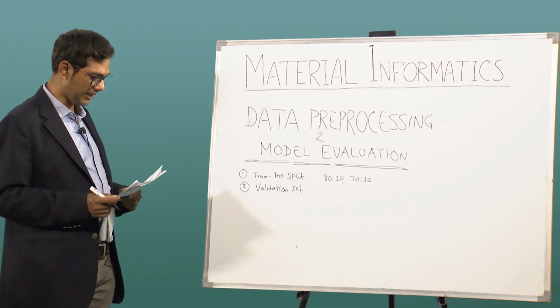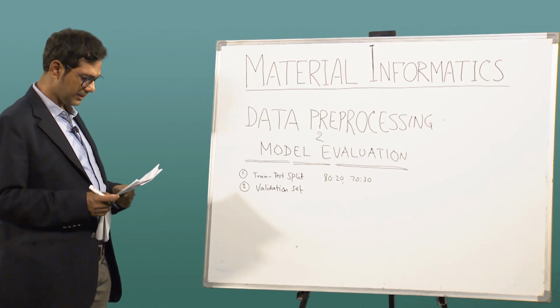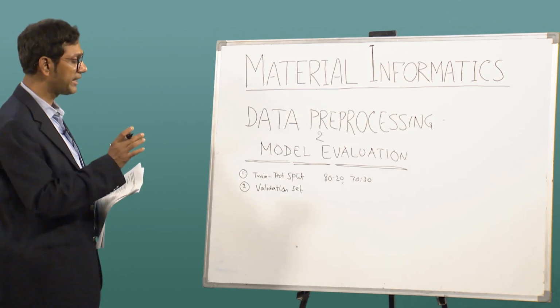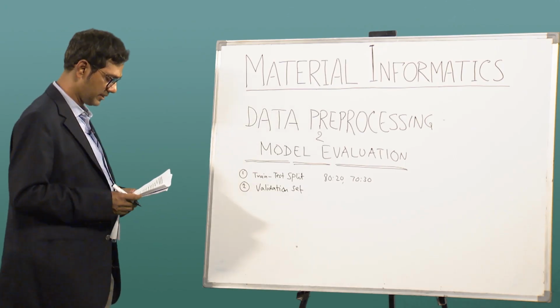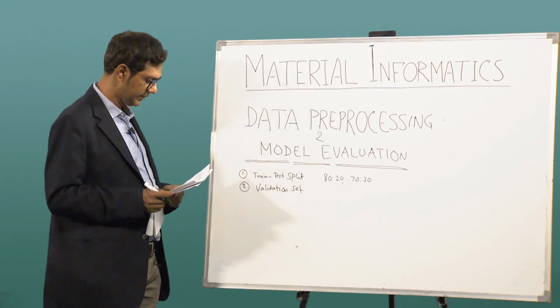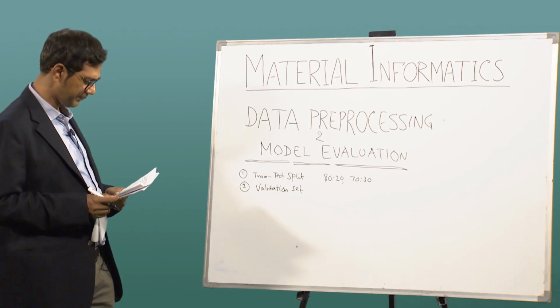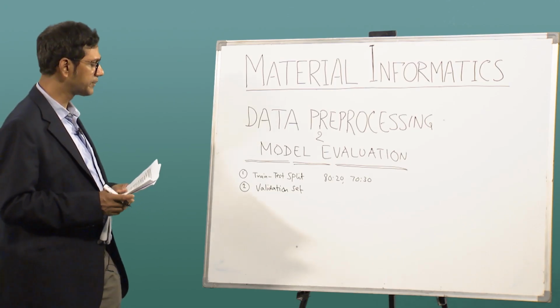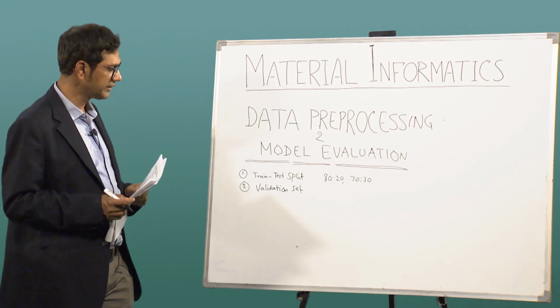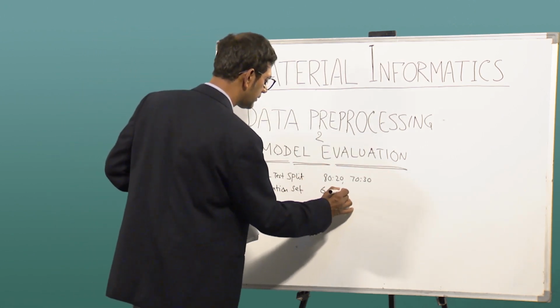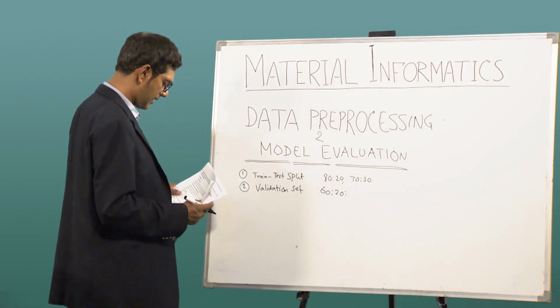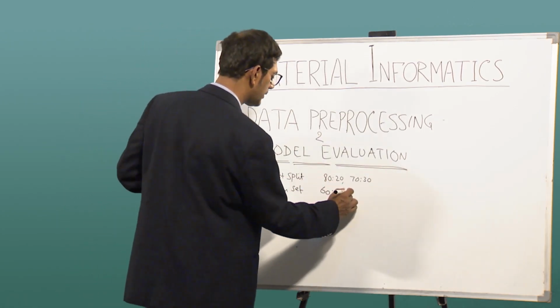For that you need a validation set. You can always keep a separate set of data for validation purposes. This prevents overfitting to the test set during the tuning process. A typical split may be 60% training, 20% testing and 20% validation.